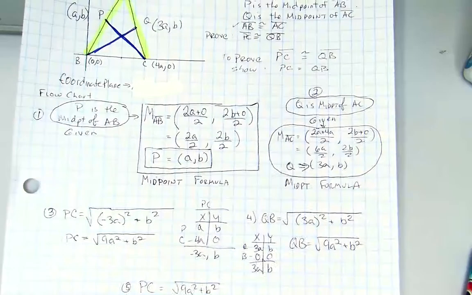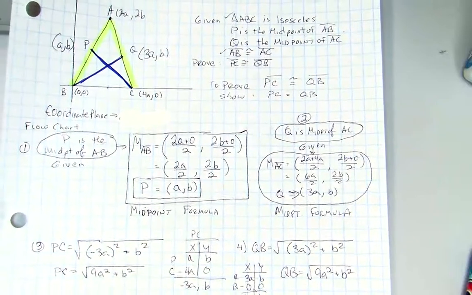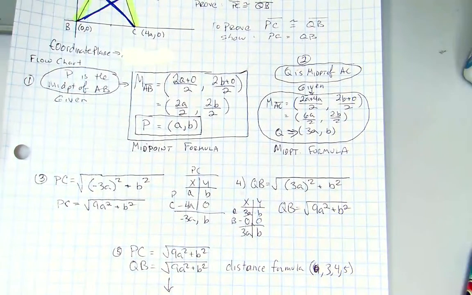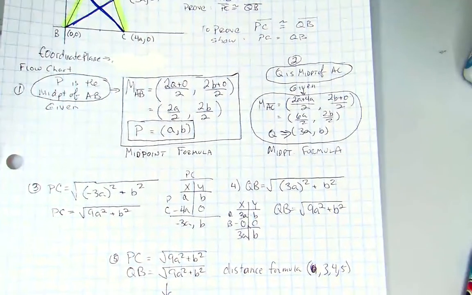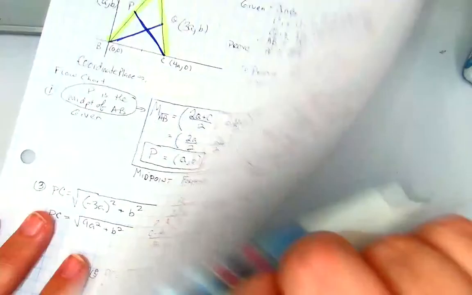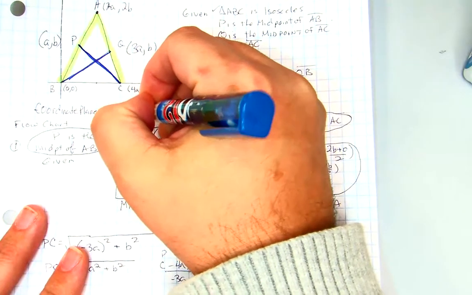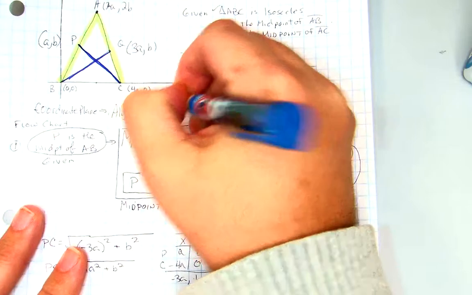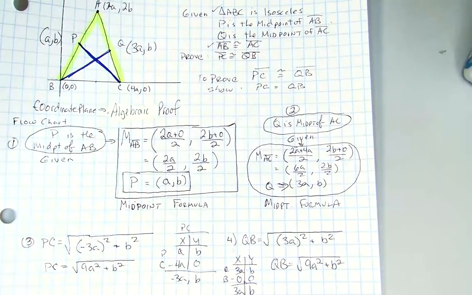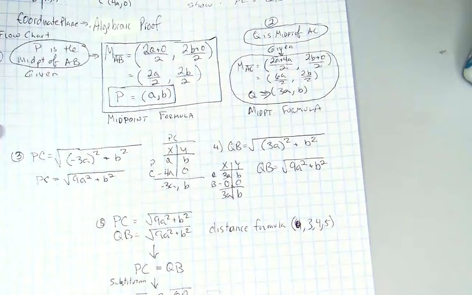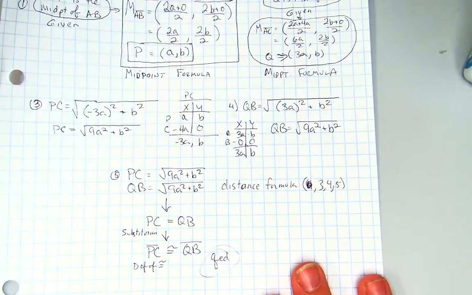So this is a nice proof. Pretty straightforward because all we used was two formulas from chapter 1. Distance formulas, midpoint formulas. You can't get away from that stuff.